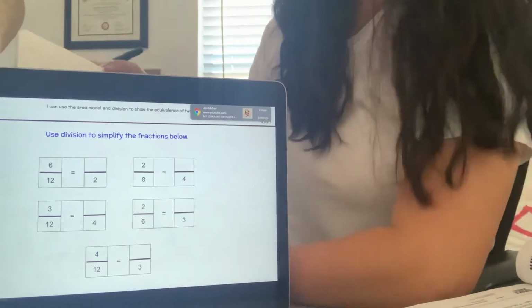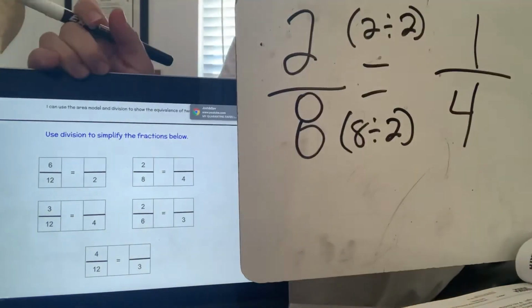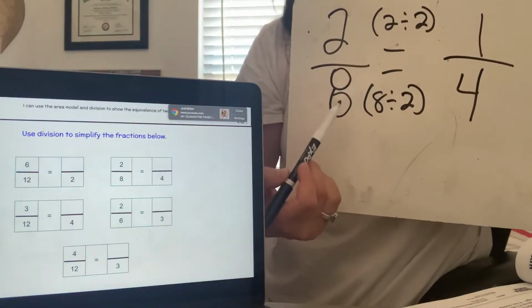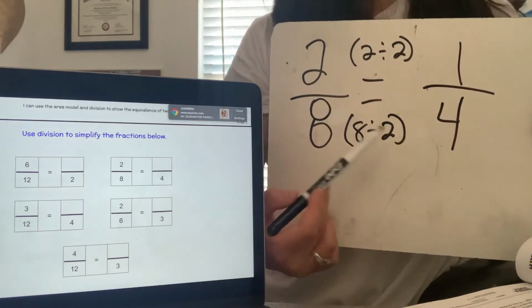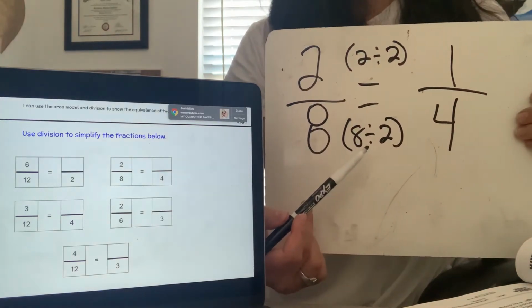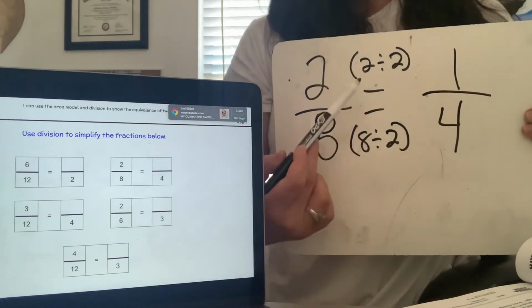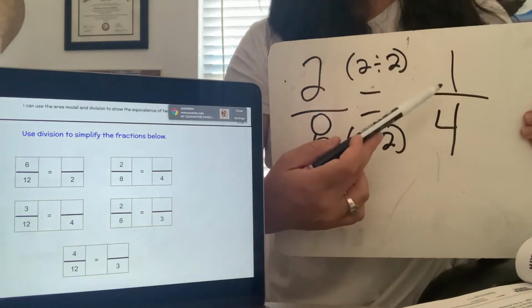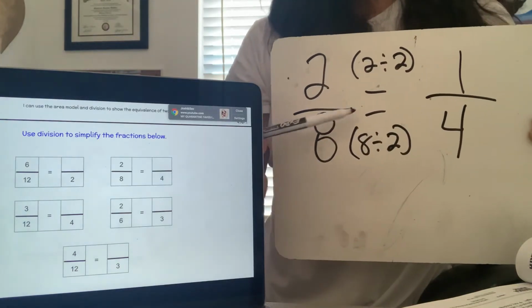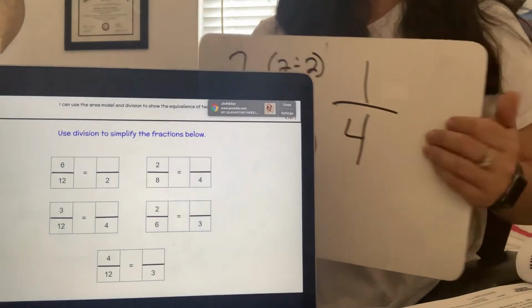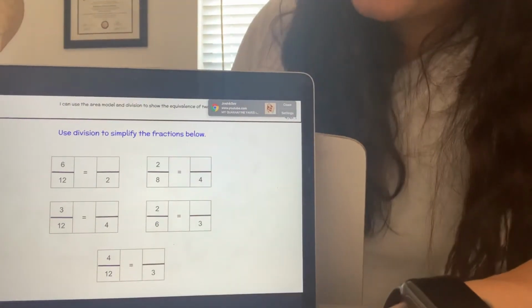And that would get me 1. Okay, so I know they gave me this number, so they must have divided 8 by 2 to get 4. So we'll also divide, we have to use the same number, 2, and they got 1. So 2/8 is equal to 1/4. Hopefully you guys are catching on.